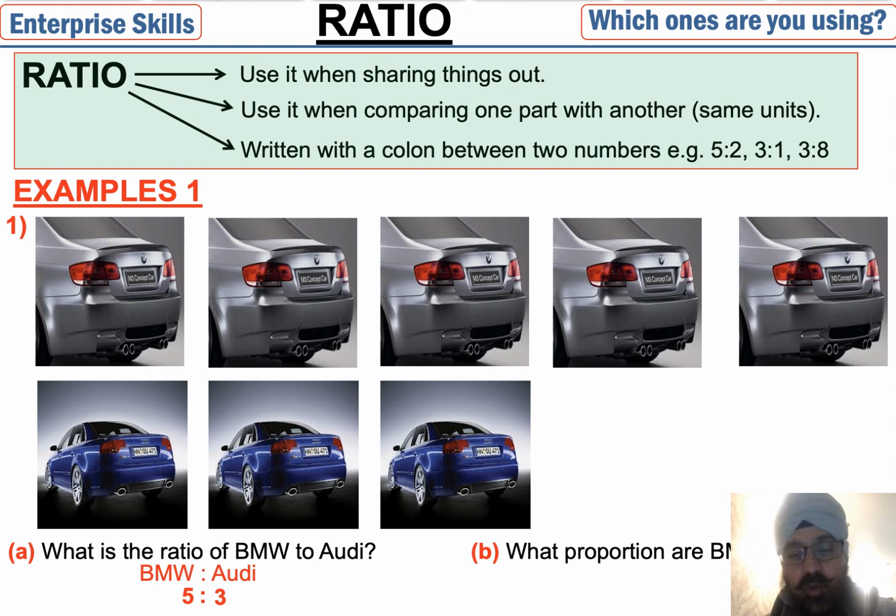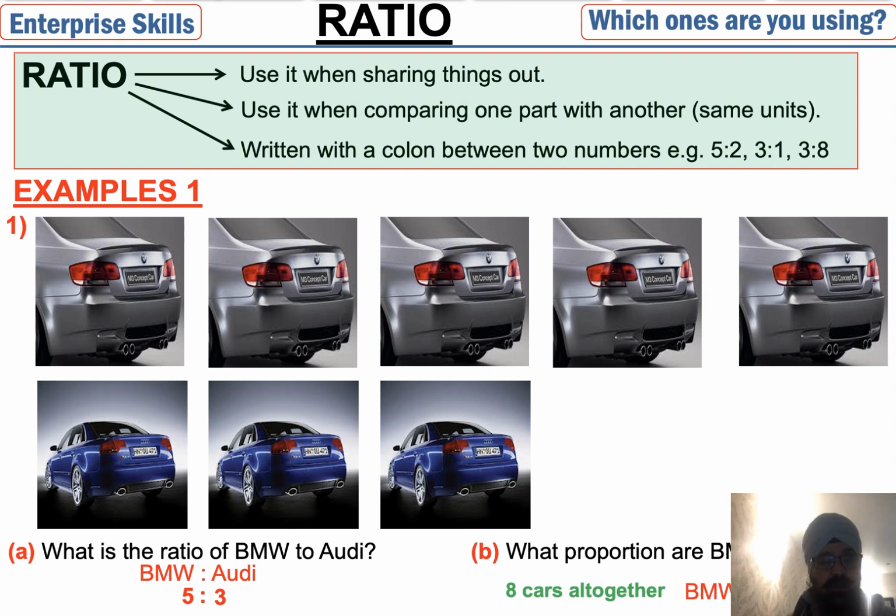So what proportion are BMW? When you work out proportion, you have to do it out of the total amount. So how many cars are in total? I'll let you look at the picture and think. We have five at the top and 3 at the bottom, which is 8. So the proportion of BMWs, how many BMWs out of total cars?